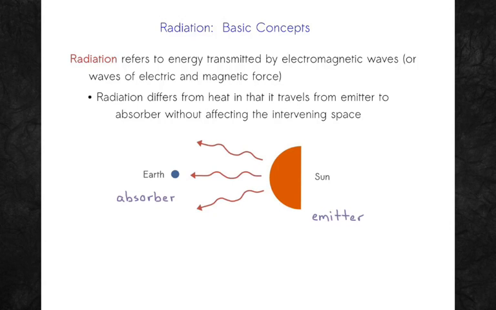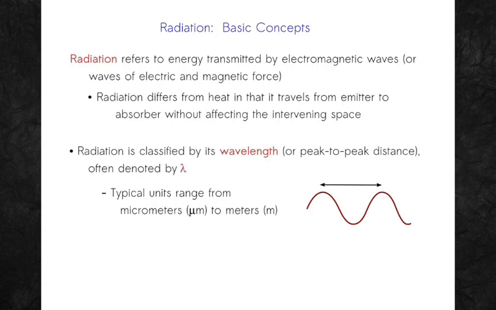Now, when we talk about the properties of radiation, it turns out that the characteristic of these waves that has the biggest impact on their physical properties is actually their wavelength. And so that's how we end up classifying the waves as well. We classify them in terms of their wavelength, where wavelength is just defined to be the distance between the peaks in the wave.